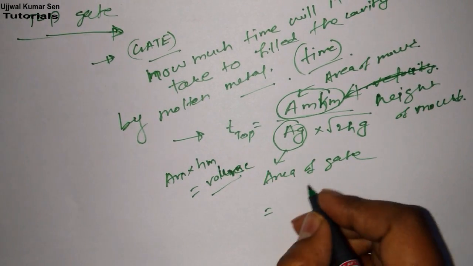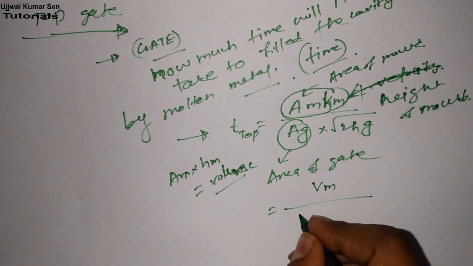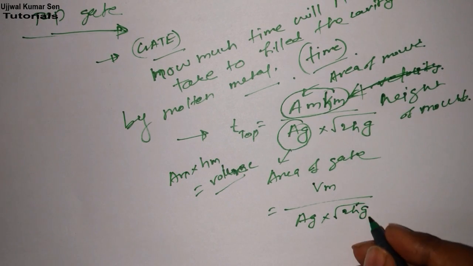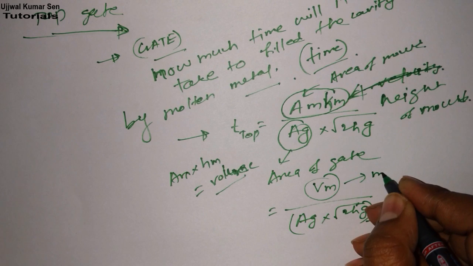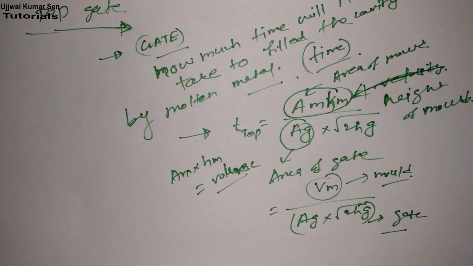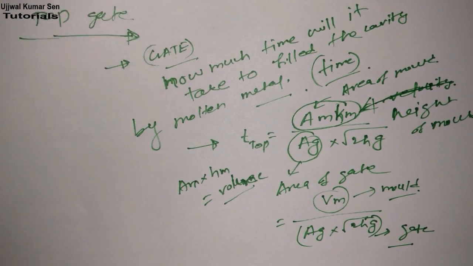That's why I have written VM also there. So it's VM over AG into root 2GH. This is for the gate only, and this is for the mold. All these elements are for the mold only, and this is for the gate only. So this is the formula we need to use for solving problems in top gate. Now let's go for bottom gate.